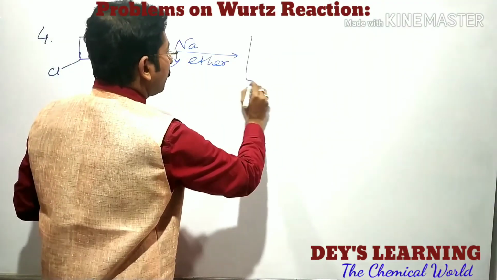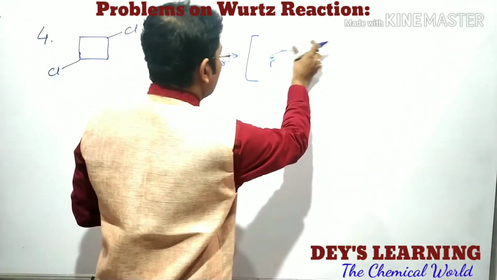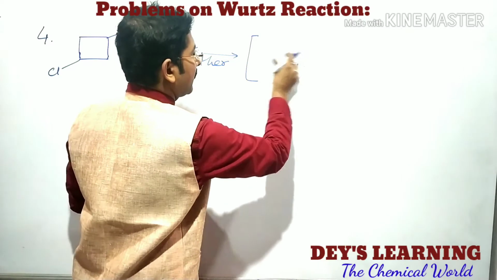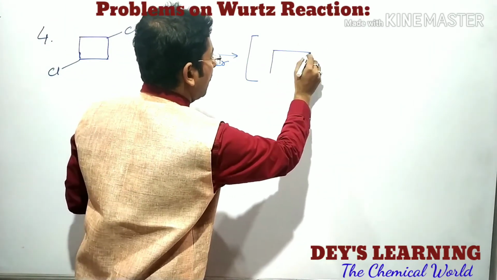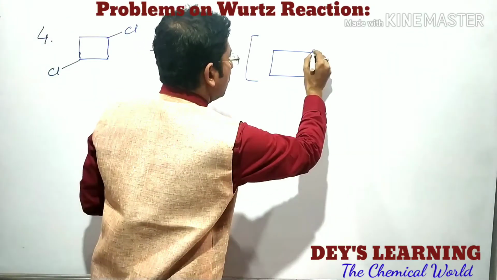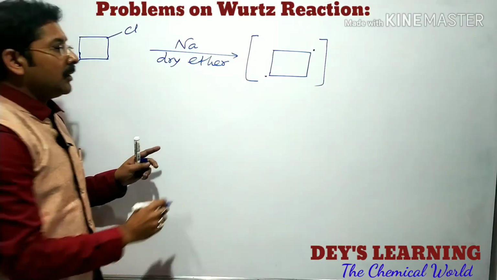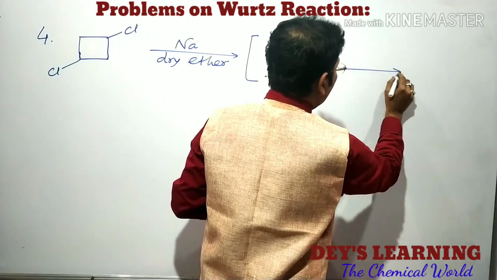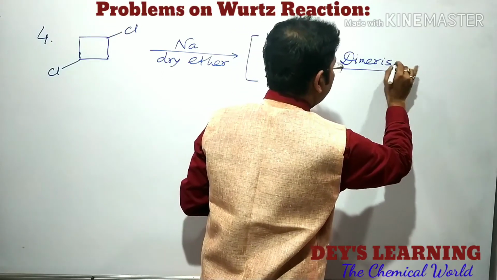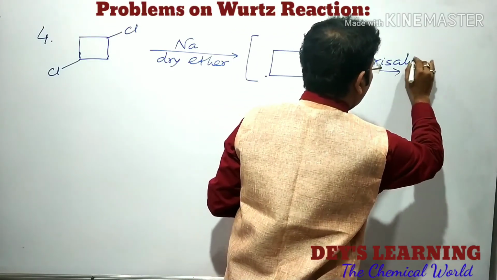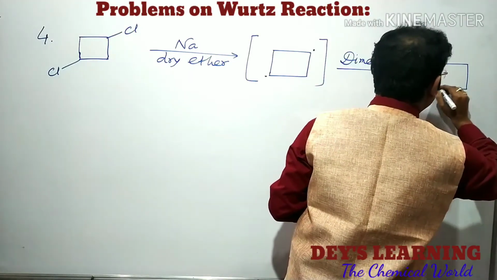Of course, free radicals will be formed, or it can be written by the carbanion mechanism, as we know from our earlier classes. This one is a dot, this one is a dot. This free radical will be formed, and this free radical on dimerization will produce this bicyclic compound.